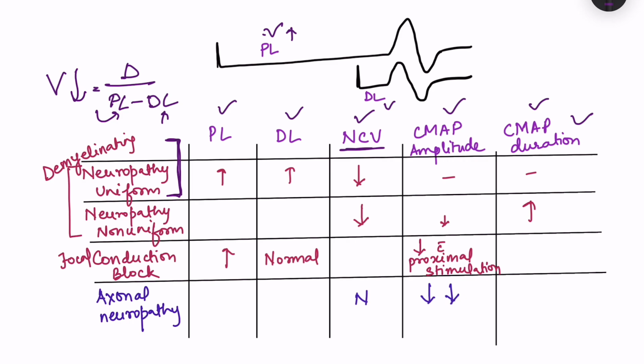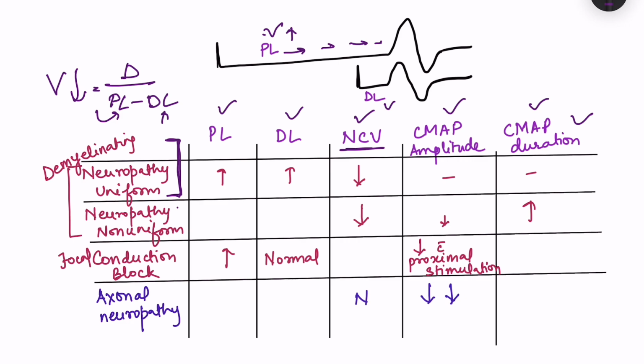Okay, understanding, all the motor units will be stimulated at the same time because all the motor neurons have been affected uniformly. Okay, CMAP amplitude, what will be the effect? There will be no effect. Why? Because the action potential will ultimately travel to the motor units, though slowly. Okay, it will ultimately combine. So CMAP amplitude, no effect.